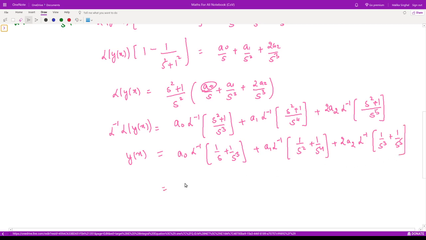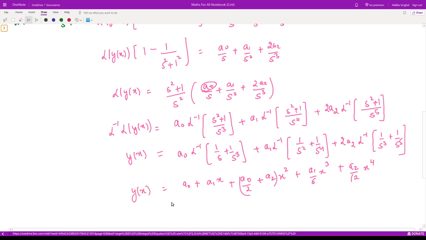So ultimately we'll obtain a naught plus a1x plus a naught by 2 plus a2 x square plus a1 by 6 x cube plus a2 by 12 x raised to power 4, right? So this is our y of x.